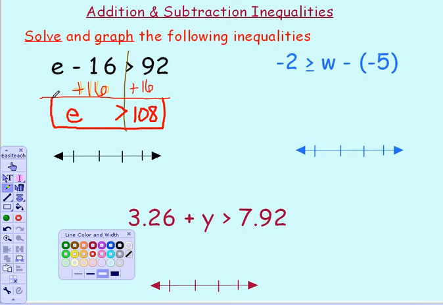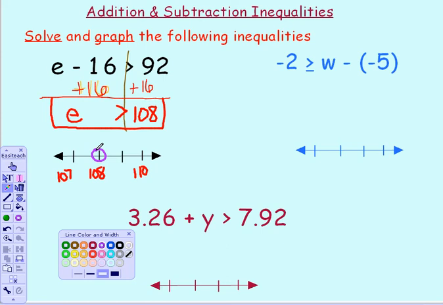Now we need to graph this solution on a number line. In order to graph on a number line, we need to have 108 on the number line, and then we'll fill in some other numbers, maybe 107, maybe 110. We're going to do an open circle on the 108, because e is greater than 108, it's not equal to.